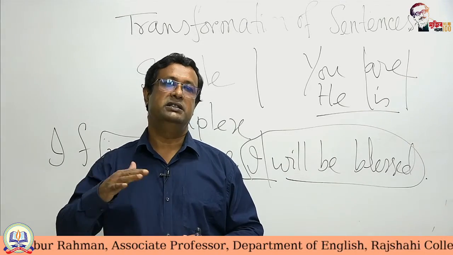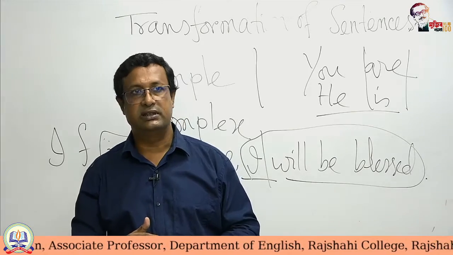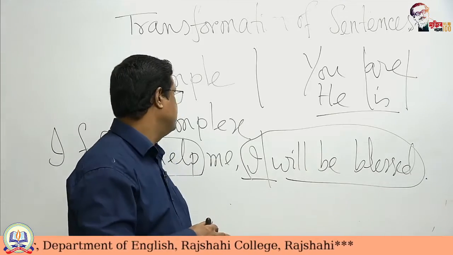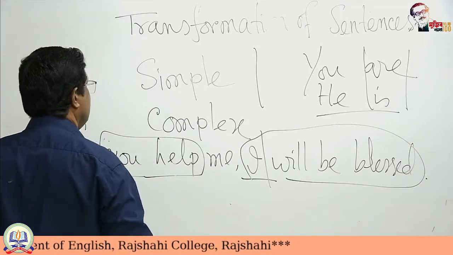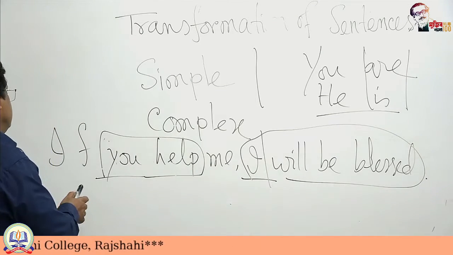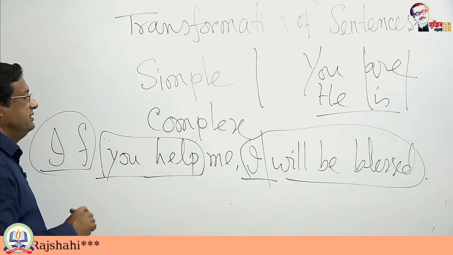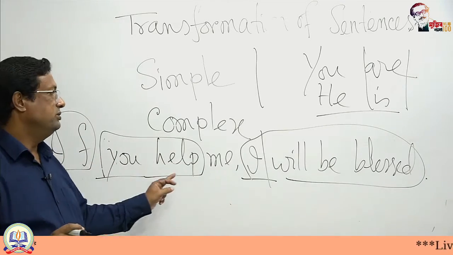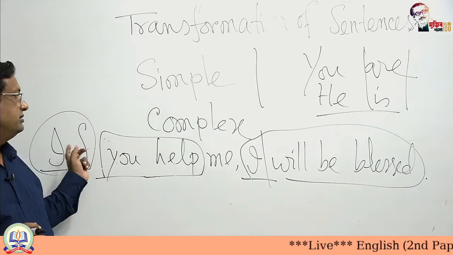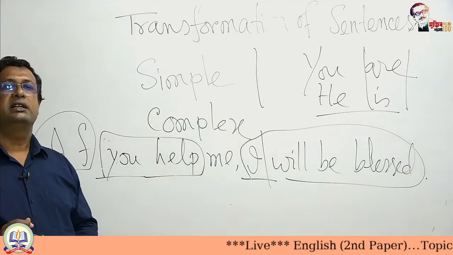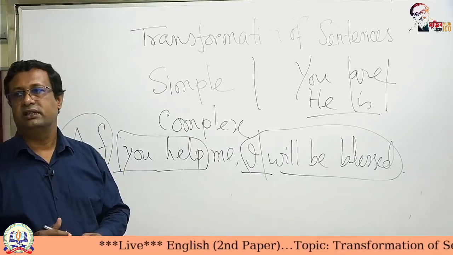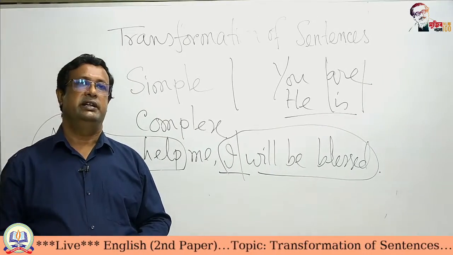In this way, we call some sentences simple sentences, some complex sentences, and others compound sentences. In a complex sentence, we have a conjunction too. If there is a conjunction, there are obviously two clauses. So this is a complex sentence.